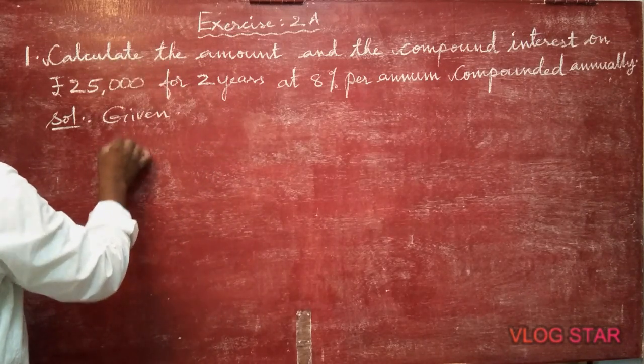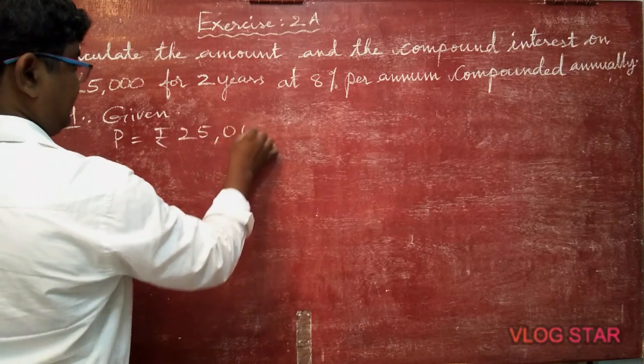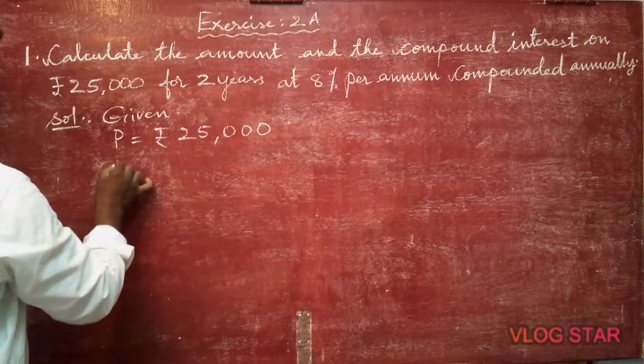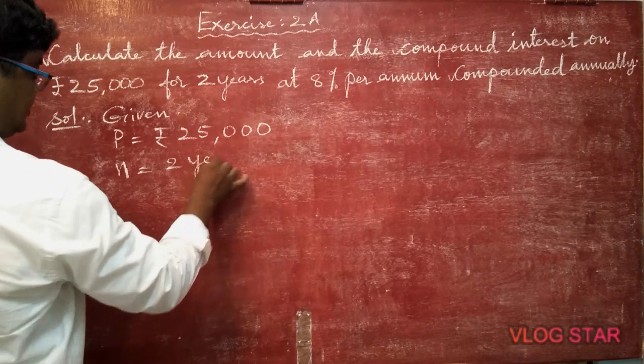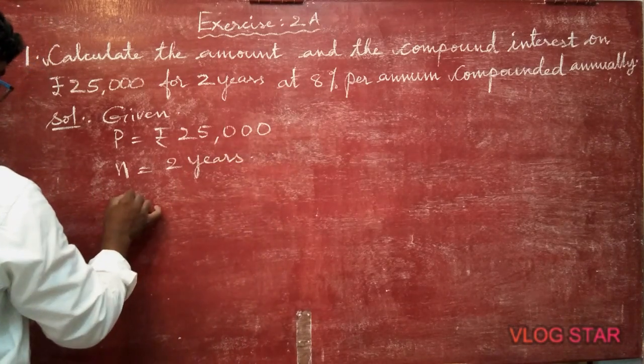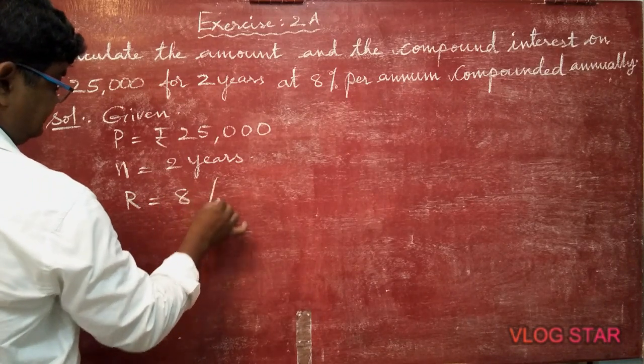P they have given, how much? Rupees 25,000, and N they have given 2 years, and R they have given 8%.